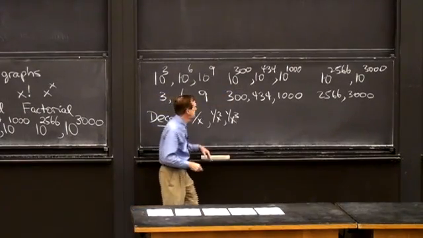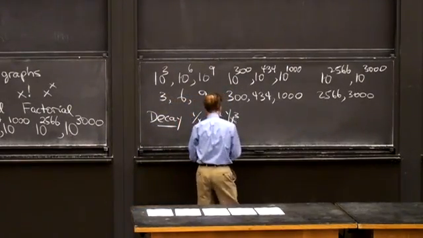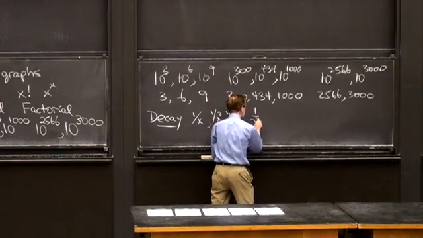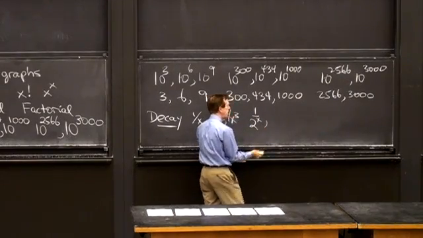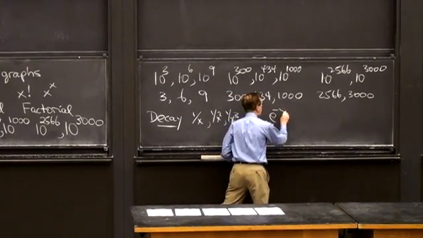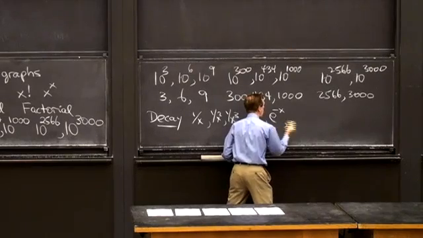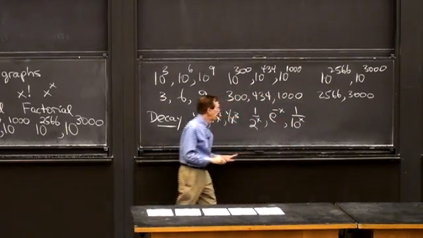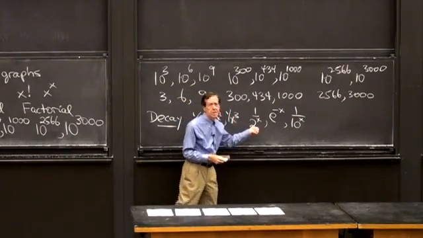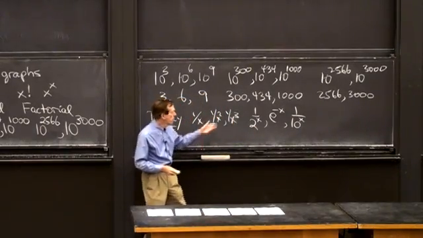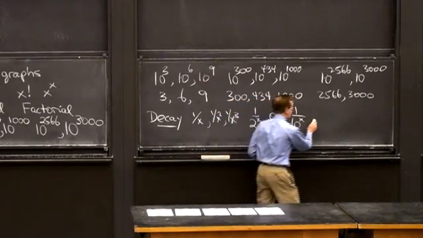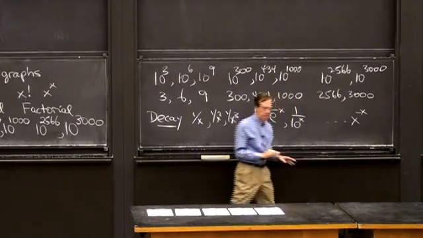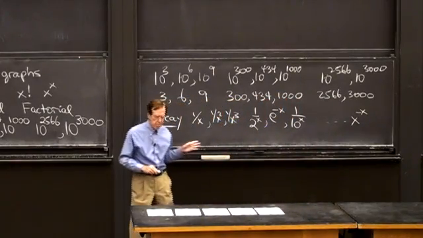Now, what about these? The next list would be 1 over 2 to the x. 1 over e to the x. Can I write that in a better way? E to the minus x. 1 over 10 to the x. Those are going to 0 like crazy. And of course, if I keep going, even worse. Like x to the minus x power would be really small.